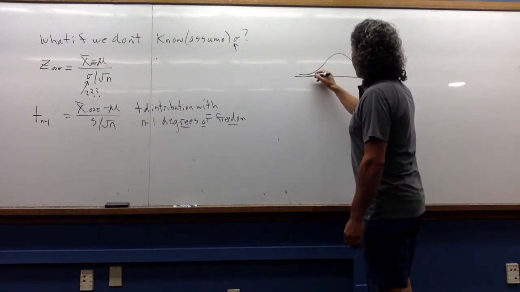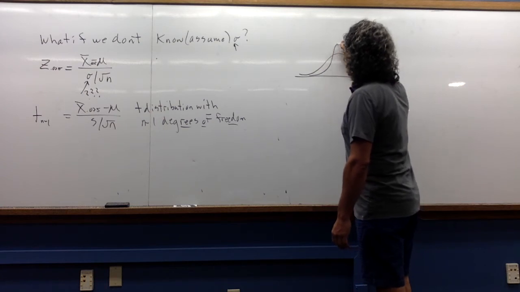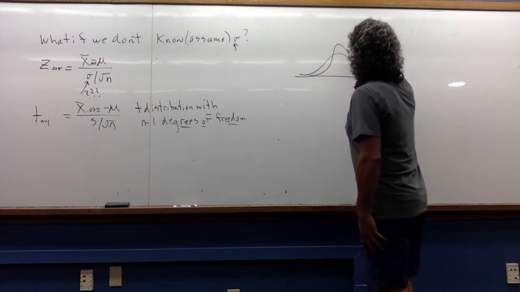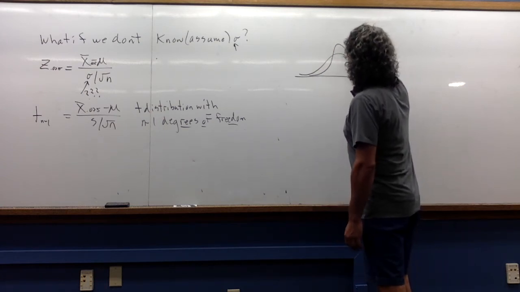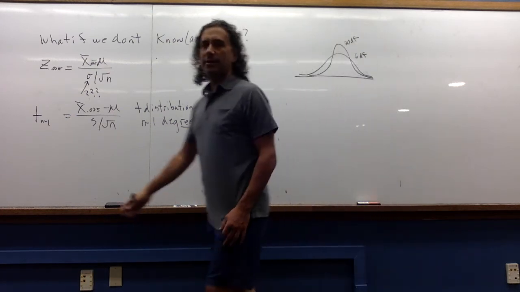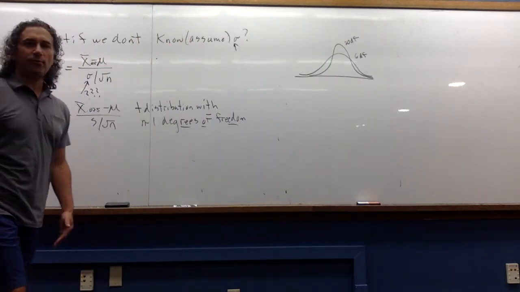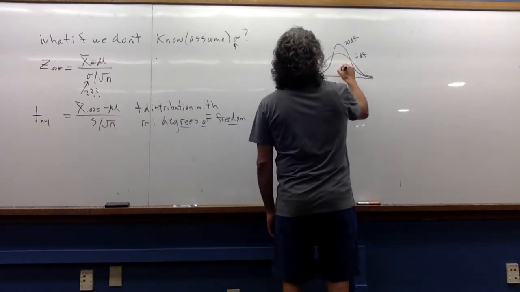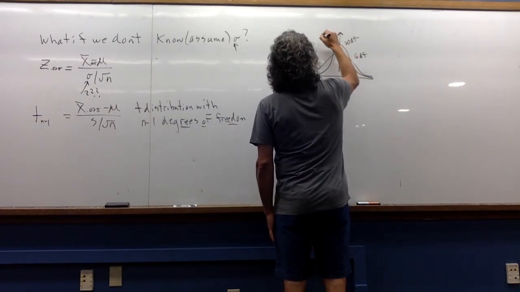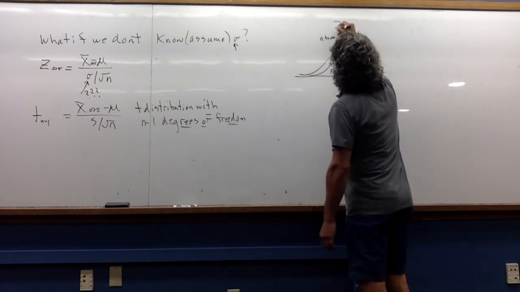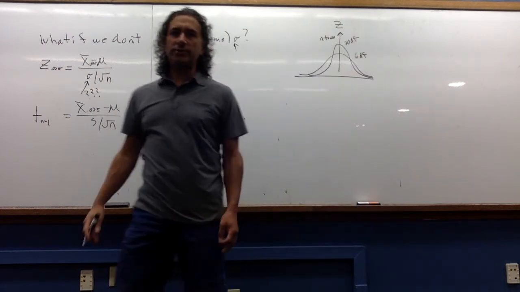And again, as n increases, this guy's going to look more and more like the standard normal. And in fact, as n goes to infinity, this is going to approach the standard normal.